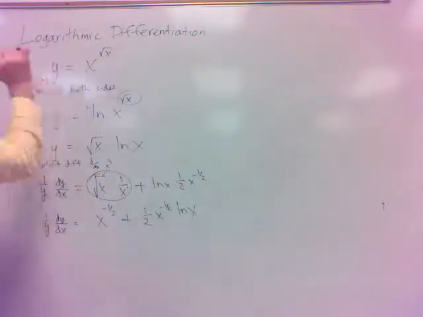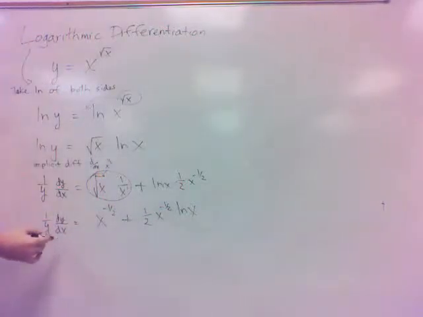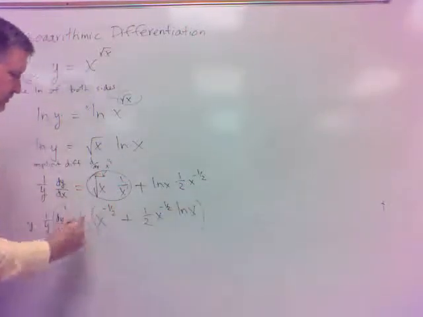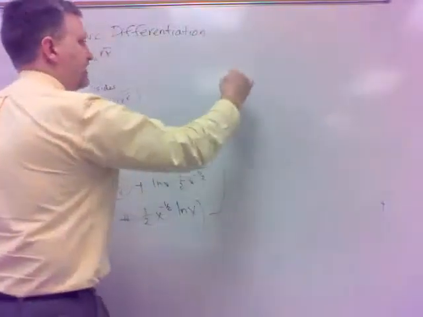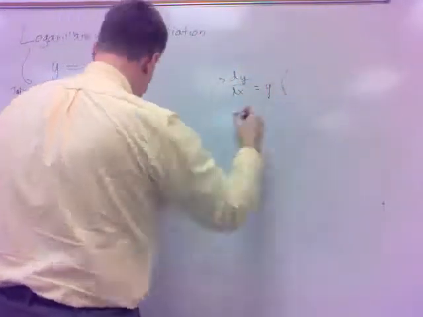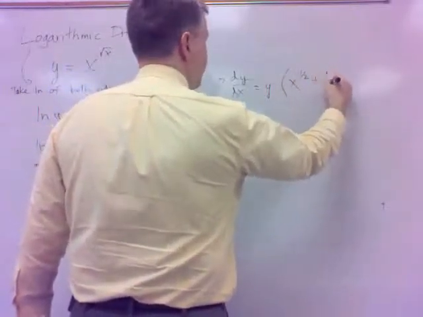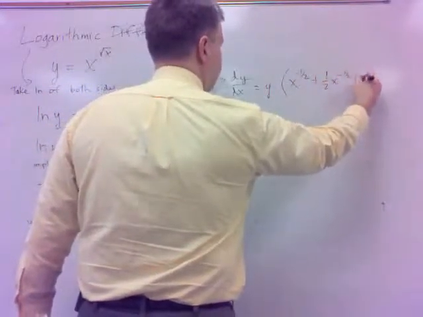Now, what are we trying to find? We're trying to find y prime, the derivative. So I still have a little bit of work here to do. I need to solve for dy dx, so I need to multiply both sides by y. So my dy dx is going to be equal to y times x to the minus 1/2 plus 1/2 x to the minus 1/2 ln of x.